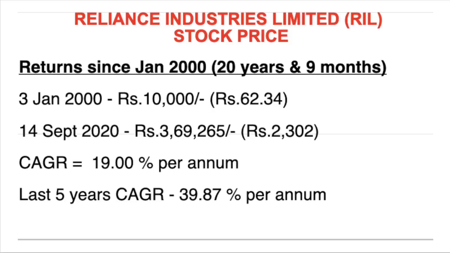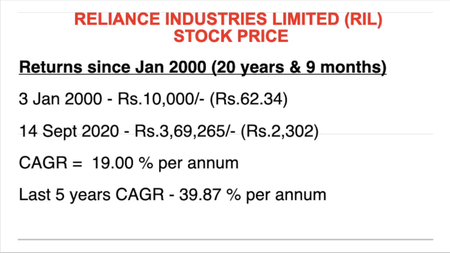Friends, suppose you had purchased on 3rd January 2000 by paying 10,000 rupees, and in those days Reliance was 62 rupees 34 paise. Today, if you sell the same number of shares of Reliance, you will get 3,69,265 rupees, and today's value of Reliance is 2,302 rupees.